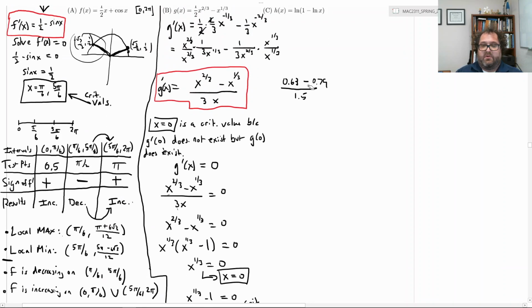Now our last test point was 2. Let's see what happens when we plug in a 2. On the denominator, obviously 2 times 3 is 6, so the denominator is positive. On the top, 2 to the 2/3 power would be the cube root of 4, so 4 raised to the 1/3 power. It's about 1.59 approximately.